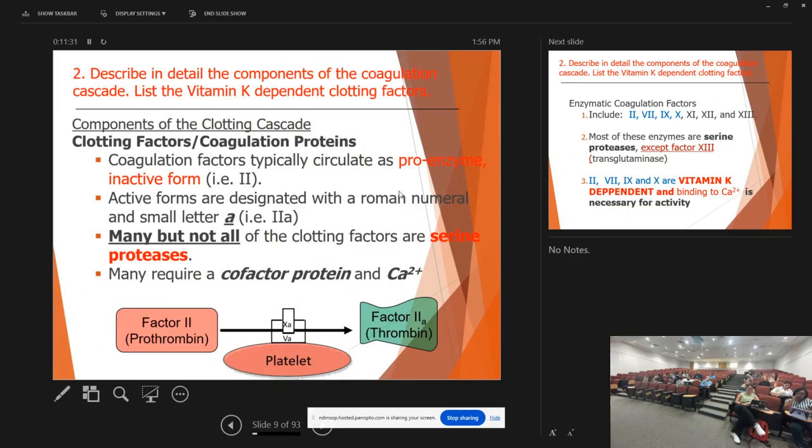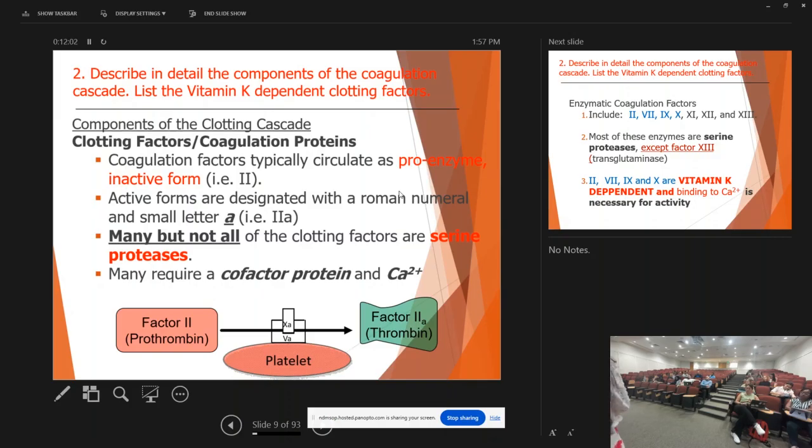Scientists assign a way to represent inactive and active forms. Inactive forms are without an alphabet letter. They are just Roman numerals. So here 2 is inactive, whereas 2A is active. If you see a letter next to a numeral, then it's understood that it's an active factor.